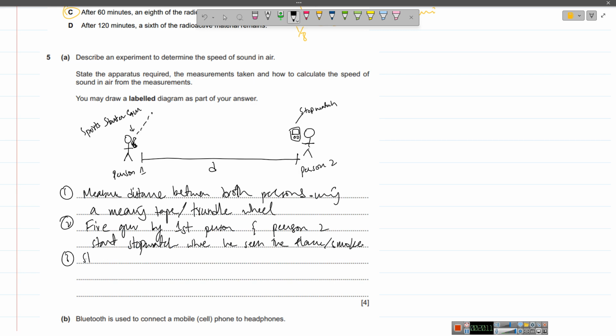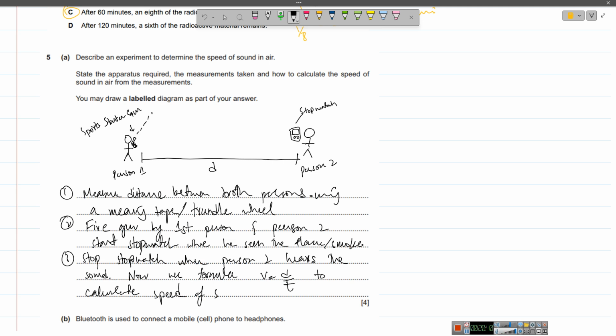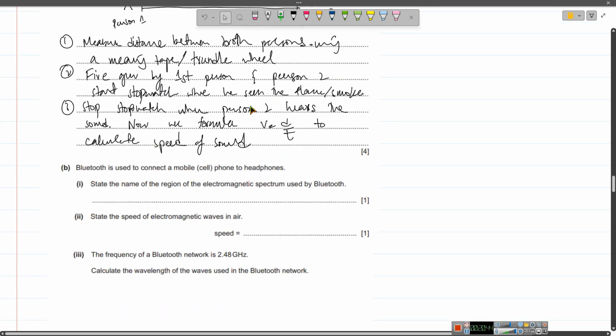Number three, stop stopwatch when person two hears the sound, right? Now use formula V is equal to D by T to calculate speed of sound, right? My apologies for writing messy. I'm just trying to write it a little fast, right?